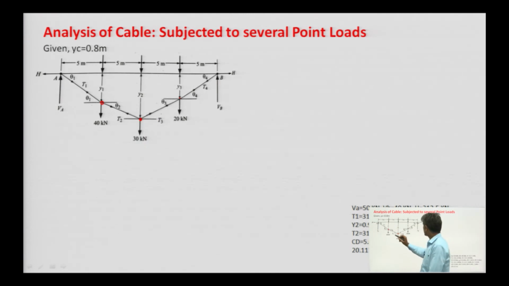This cable is supported at point A and point B. So, these are the vertical reactions: VA, the horizontal reaction H, and the vertical reaction VB.